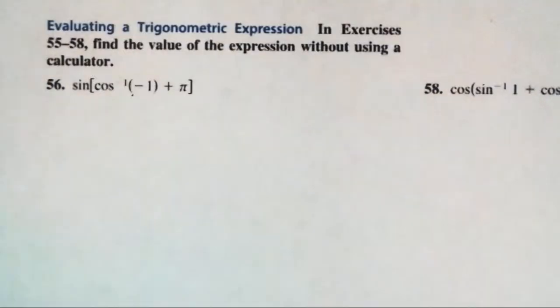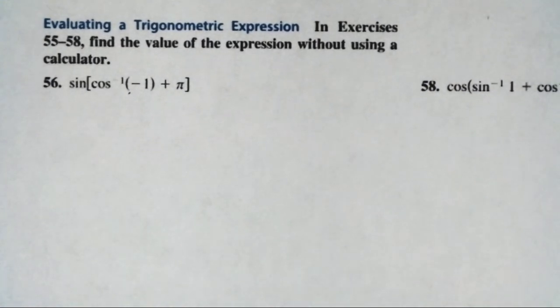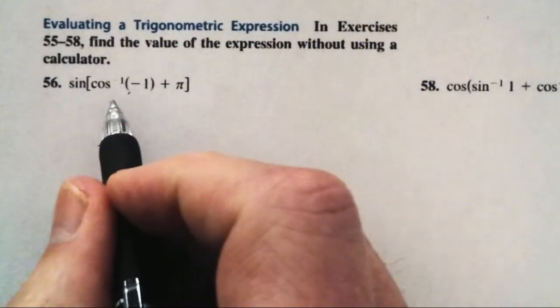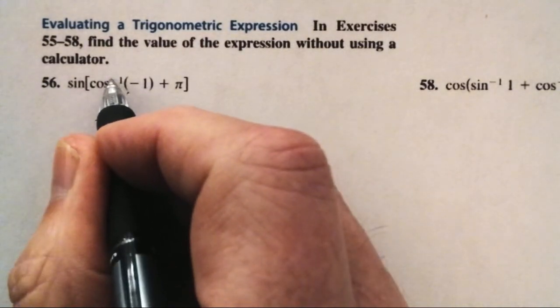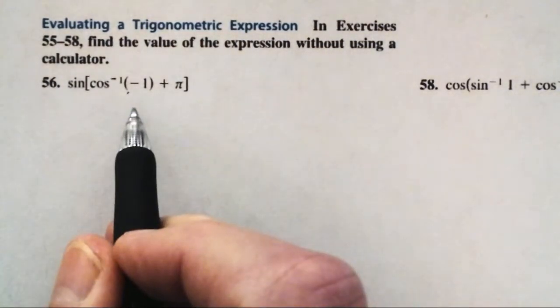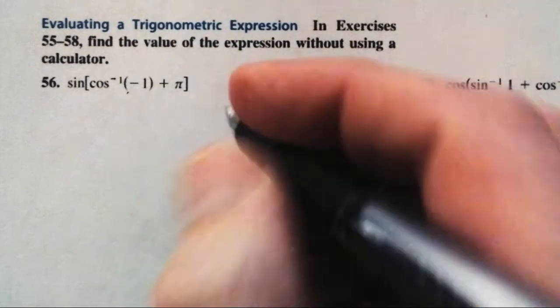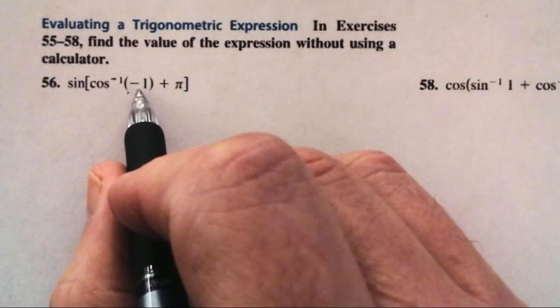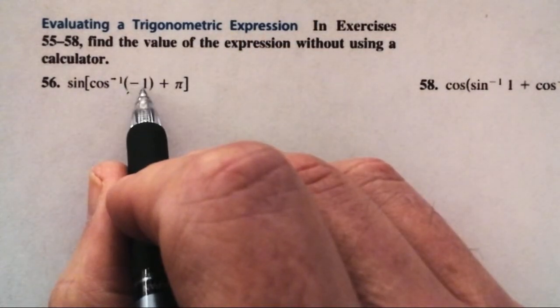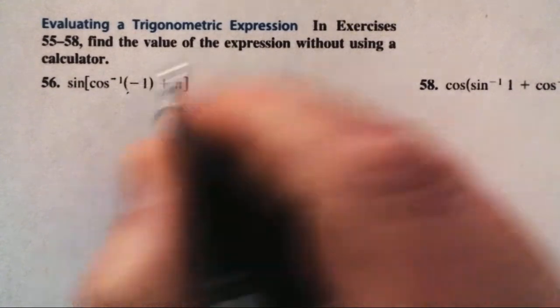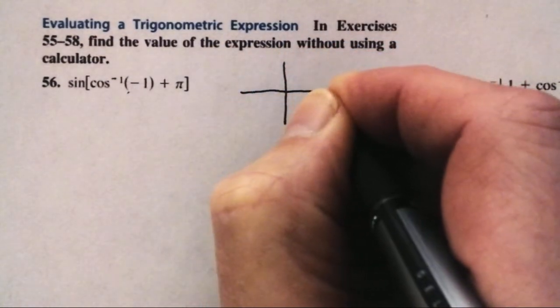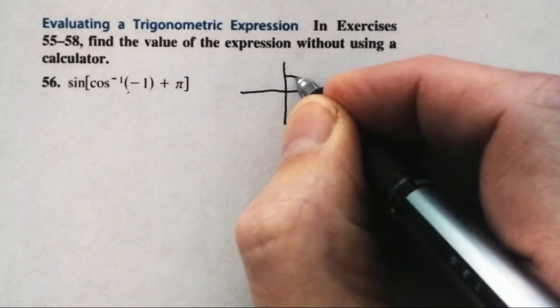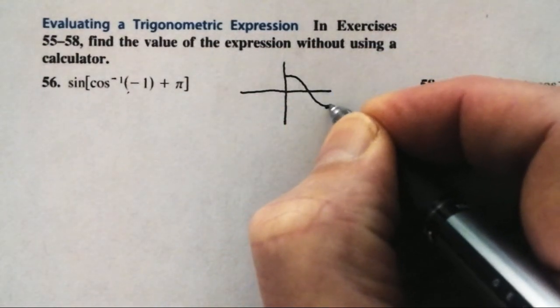This is an angle. In fact, in some ways, this one's easier. This is an angle, cosine, it's hard to see, but this is cosine inverse. Cosine inverse of -1. Well, that says when is cosine -1 close to 0? Let's see. The graph of cosine looks like this.